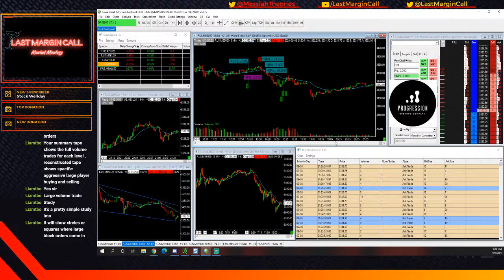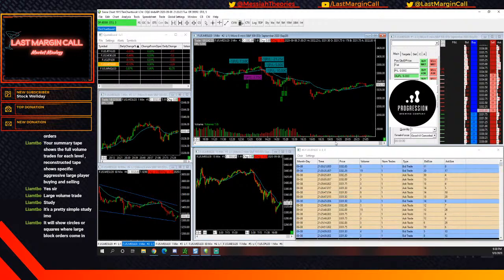Yeah, but here's my thing. If it's circles and squares where large blocks came in, does that mean they're going to come in again? How do you plan on using them? You're just anticipating that somebody else will come in at those levels?